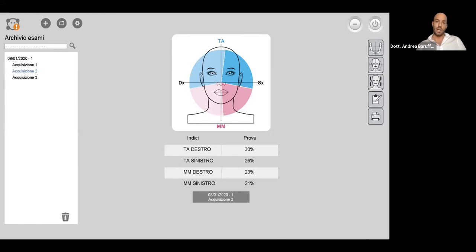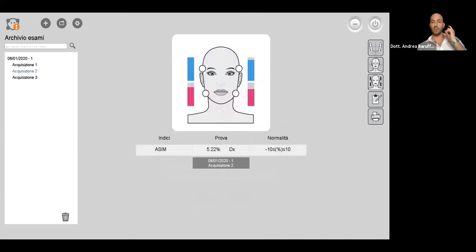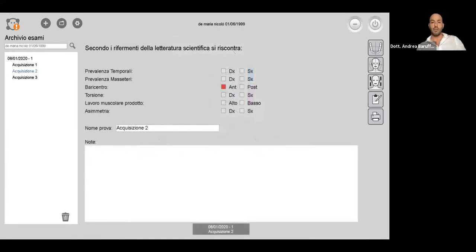Then we see a graphical representation of the occlusal balance. So we see that ideally we have 25% for each area. We see represented the activity transfer to the electrodes, and then we have a summary of all the indexes.